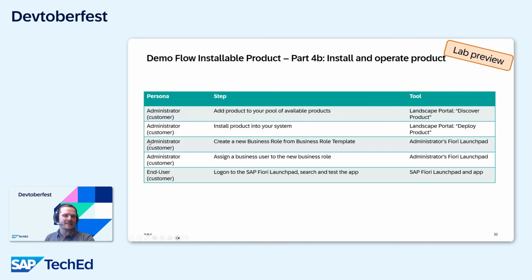And the customer, or the admin on the customer side, does not get a notification if a partner has published a product. He needs to check the products and add the product to his pool of available products. And he does this with the Discover Product app and installs it with the Deploy Product app.